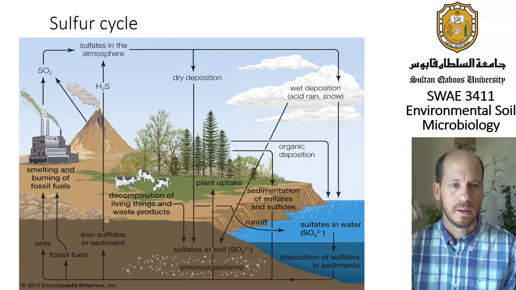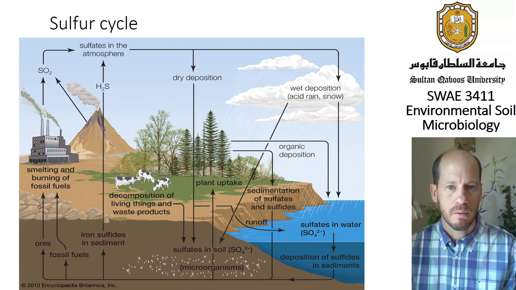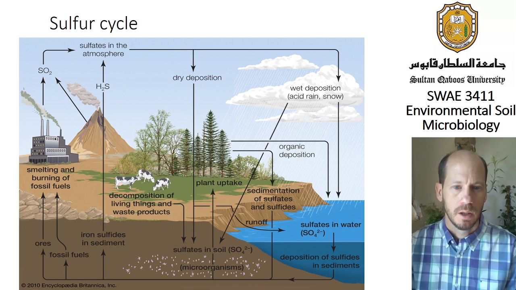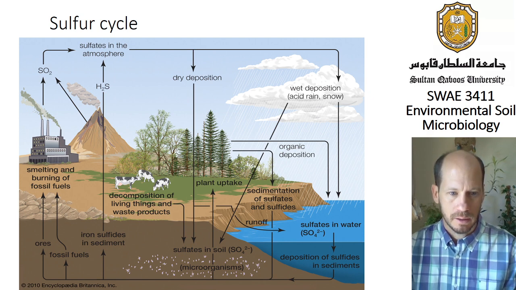Let's have a look at the biogeochemical cycle of sulfur. Sulfur is very abundant in the Earth systems. It's about 0.1% of the Earth's crust, but it also has a very important atmospheric component.